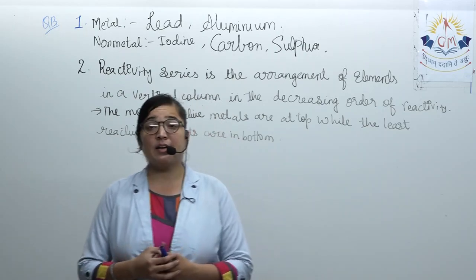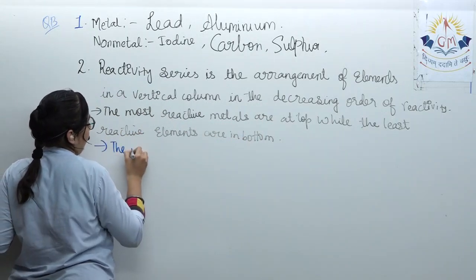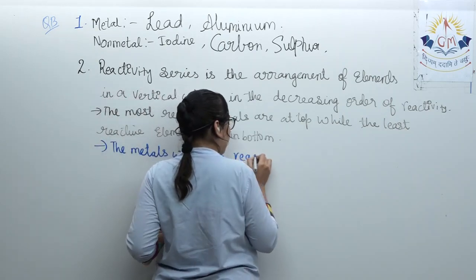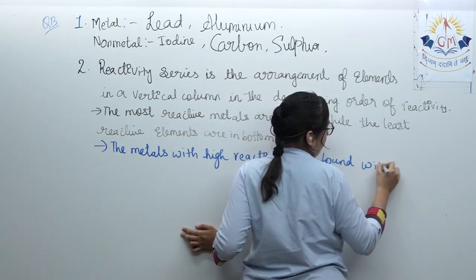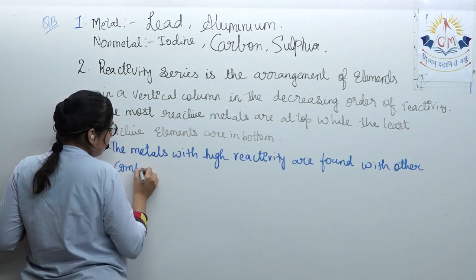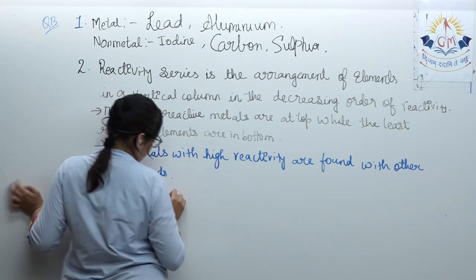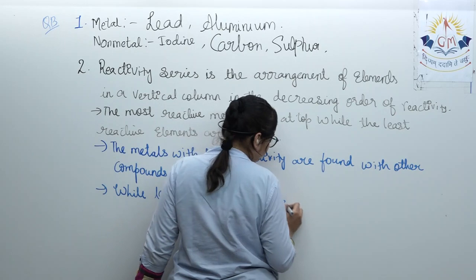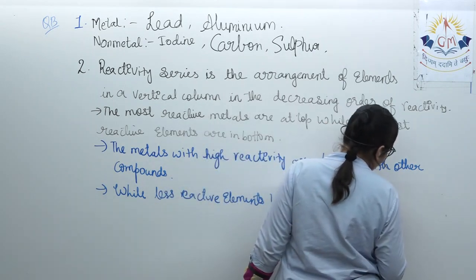While less reactive ones, like gold and silver, are found in the free state.